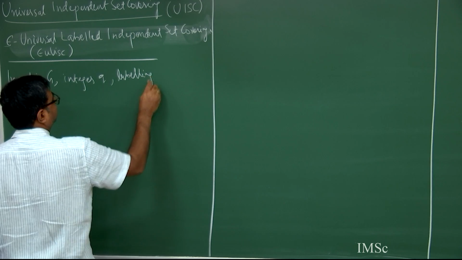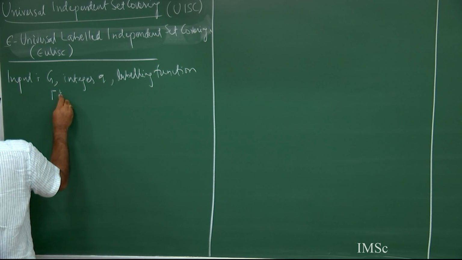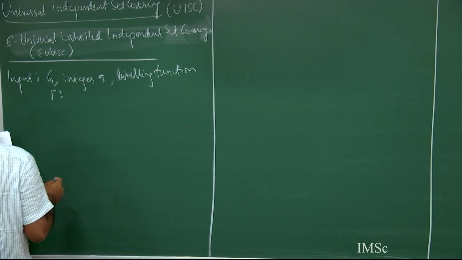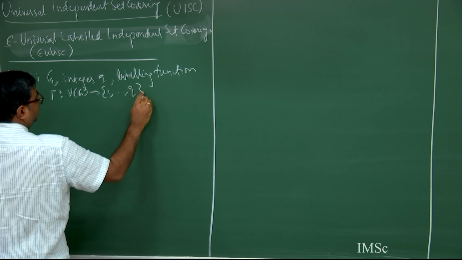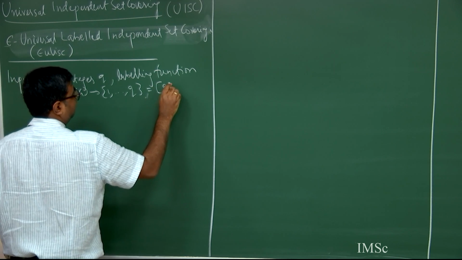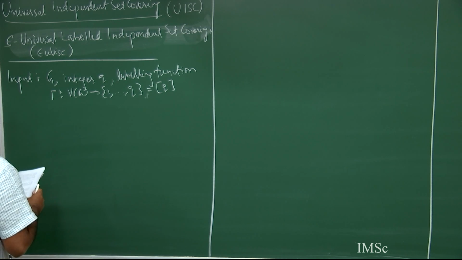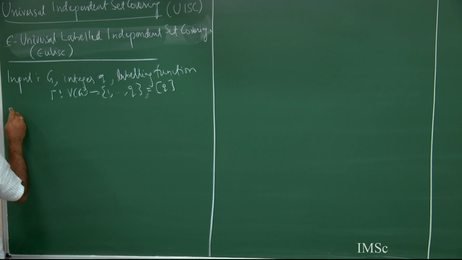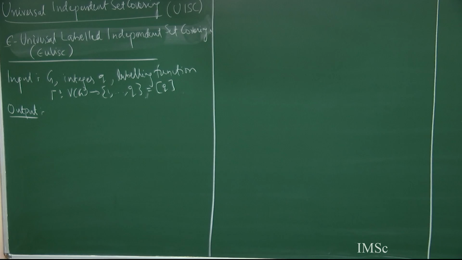Let's call it labeling function gamma, from V to the set 1 to Q. So this is our input. And what is our output? Output is going to be a subset X of V(G) with the following property.